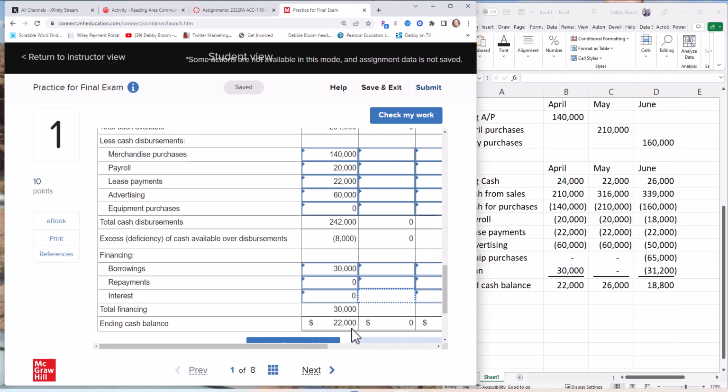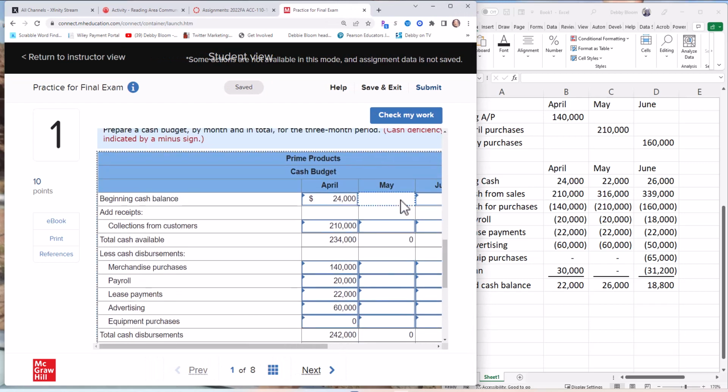I'm going to make this a little wider so we can see May and June. So we budget May. We're going to start off with $22,000.